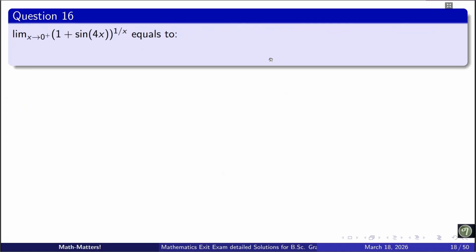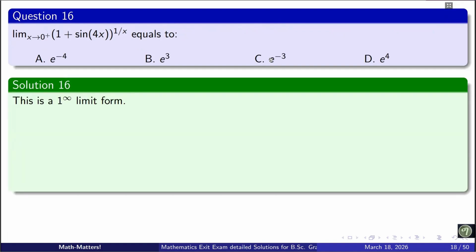Next question, it is again limits. The limit of (1 plus sine of 4x) to the power of 1 over x equals e to the power of minus 4, e to the power of 3, e to the power of minus 3, and e to the power of 4. You know that this limit has the form of 1 to the power of infinity.